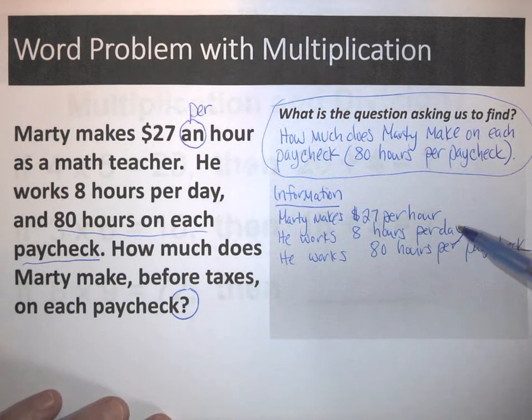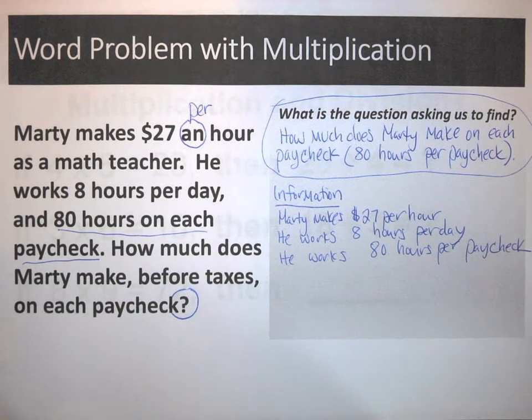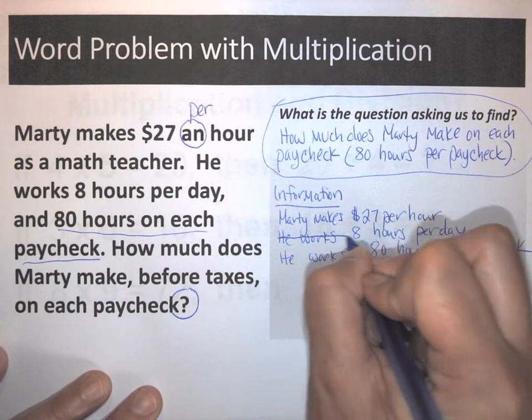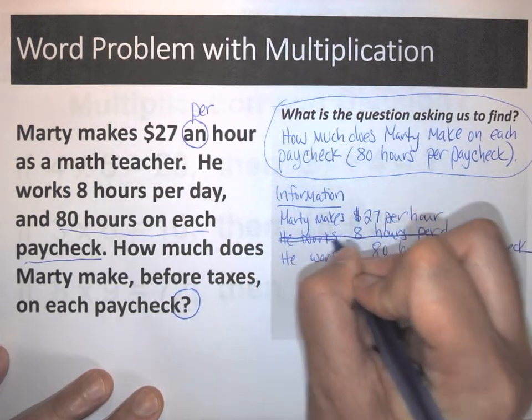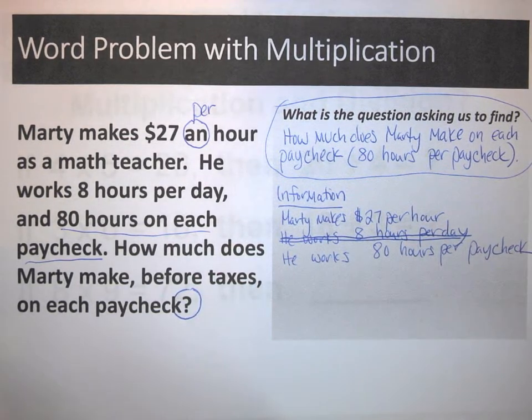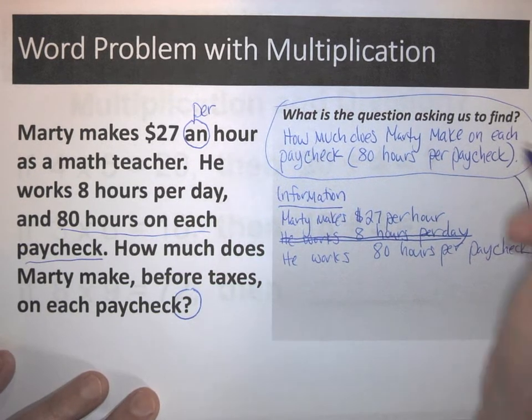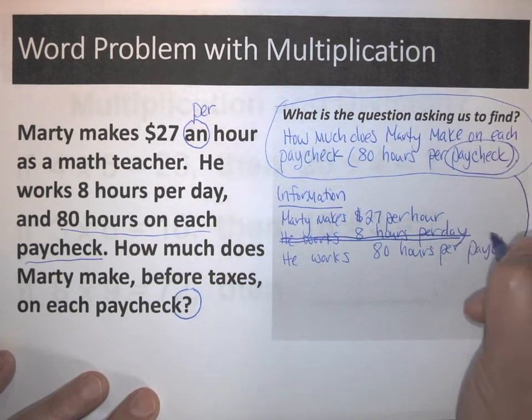So if I look here, there is one piece of information that I don't really need to solve the problem. And it's this one right here. It actually doesn't matter how much he works per day because the question is asking per paycheck.